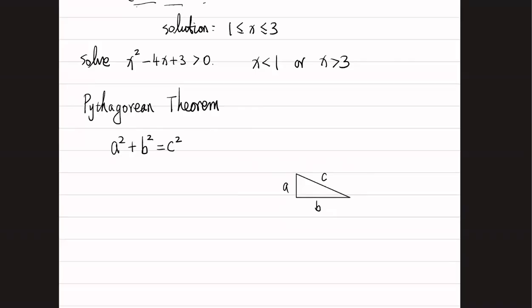Okay, let's think about it. How do we prove this? Amy, have you seen it before? Okay. So I will give us some proof. What we do is we make some manipulation. I'm going to make another copy of this triangle, but this time it's rotated. And we're going to make another copy.